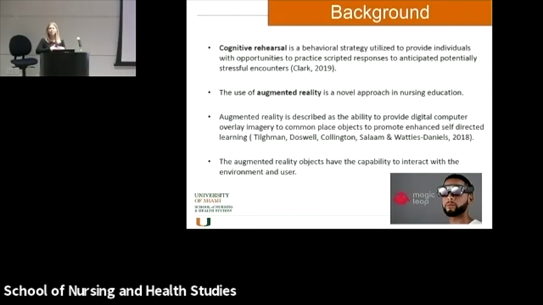So basically it can be two or three sentences, where you have the person practice this cognitive behavioral strategy to say, I'm concerned about such and such, I'm uncomfortable, and this is how I feel it impacts patient safety. So that is the use of cognitive rehearsal.